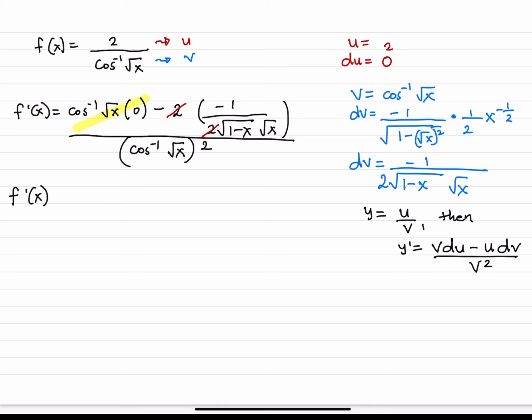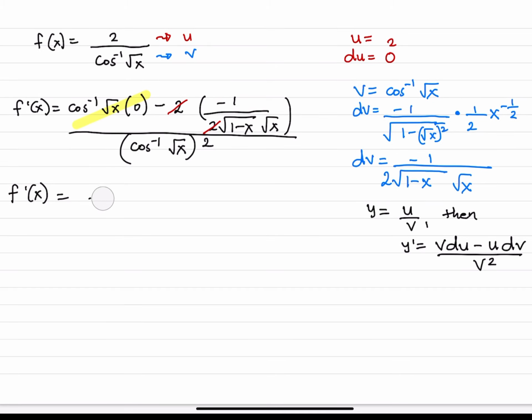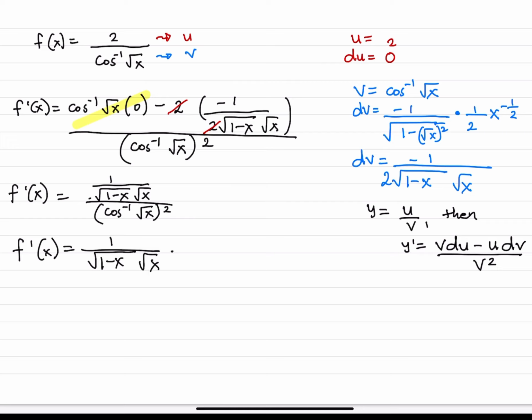So, let's continue further. F prime of x equals positive 1 over the square root of 1 minus x square root of x all over arc cosine of the square root of x squared, which could be written as f prime of x equals 1 over the square root of 1 minus x square root of x times 1 over arc cosine of the square root of x raised to the second power.